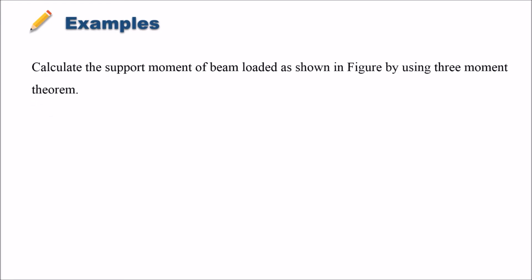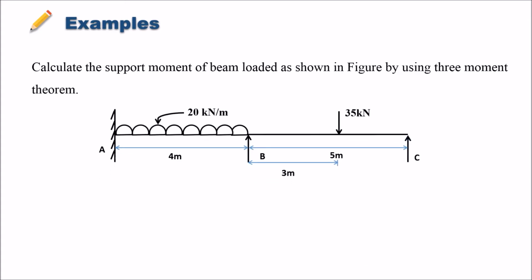Calculate the support moment of the beam loaded as shown in the figure by using the three-moment theorem. Span ABC is a continuous beam. Span AB is 4 meter and loaded with UDL 20 kN per meter.